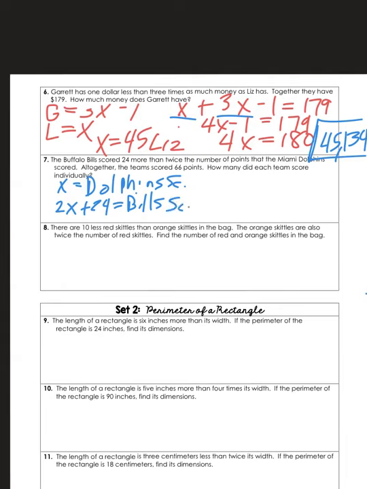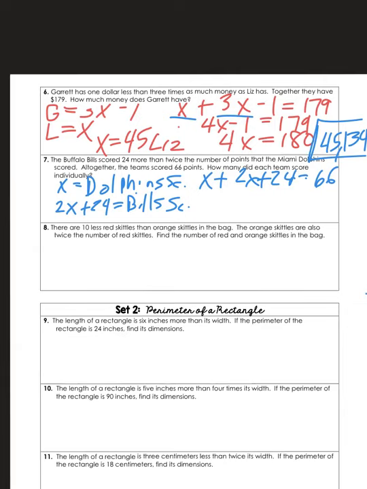Altogether, the teams scored 66 points. How many did each team score individually? So we've got the variables defined. x plus 2x plus 24 equals 66.